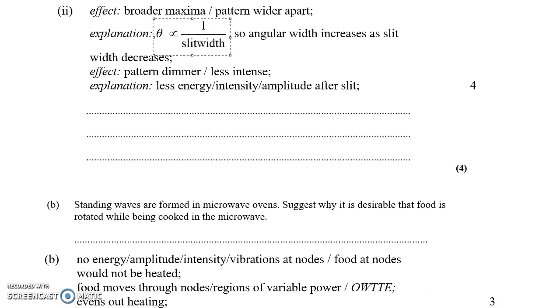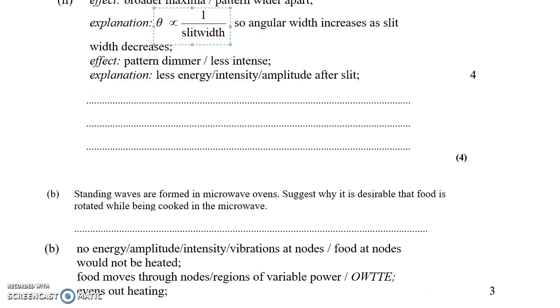So first of all, we talk about why the food would or wouldn't be heated with standing waves. And we know that a standing wave has areas of maximum intensity and also areas of minimum intensity, or nodes where there's zero intensity. And at those nodes of zero intensity, the food wouldn't get heated because there's no vibration there.